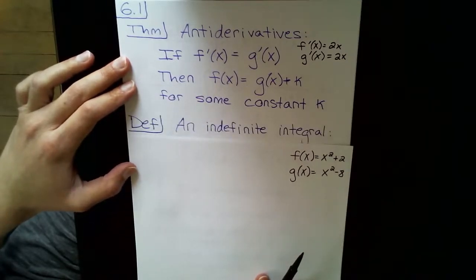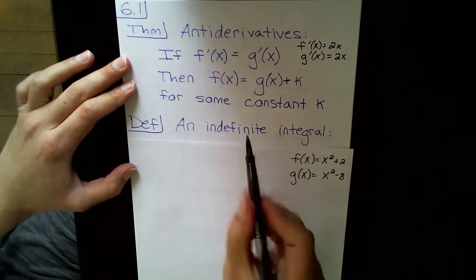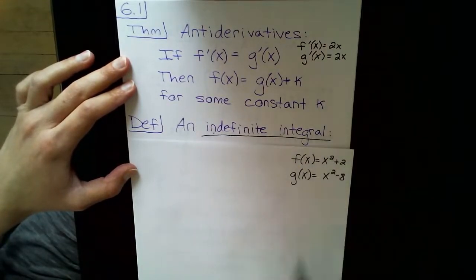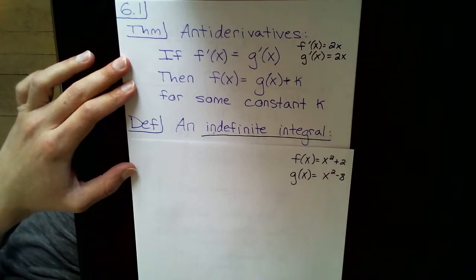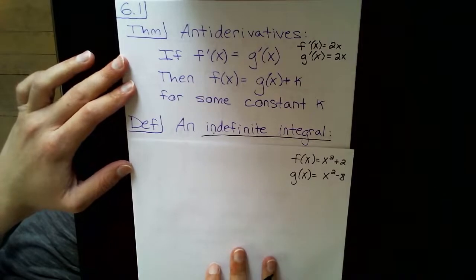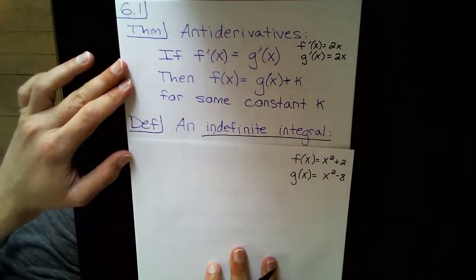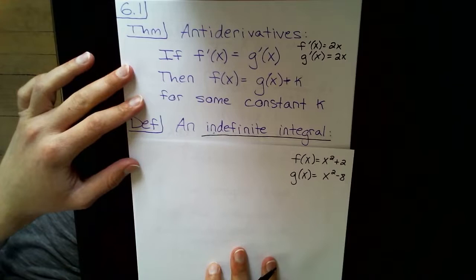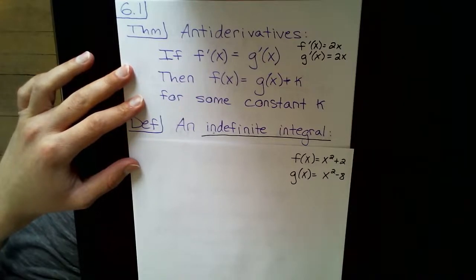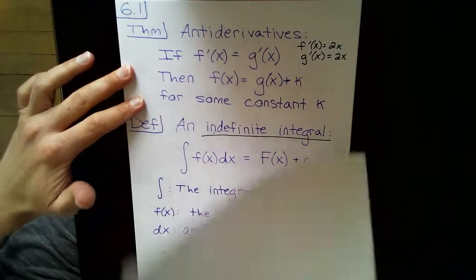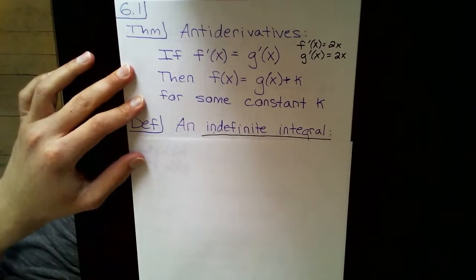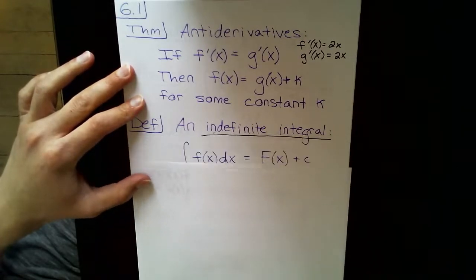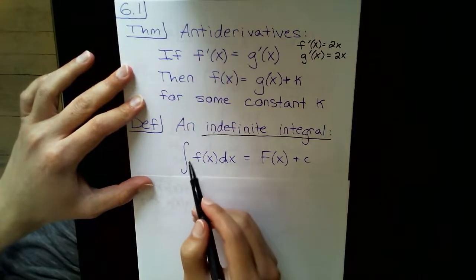From here, we can introduce our definition for an indefinite integral, which is the notation we use to find an antiderivative. Our notation for an antiderivative looks quite a bit different from our notation for a derivative, where we talked about d dx or f prime of x. Our notation for an antiderivative or integral is written like so.